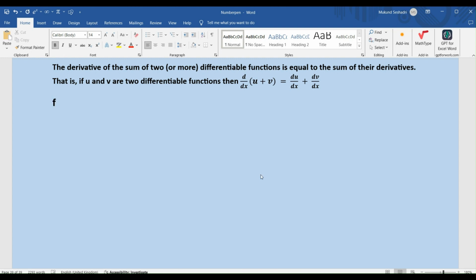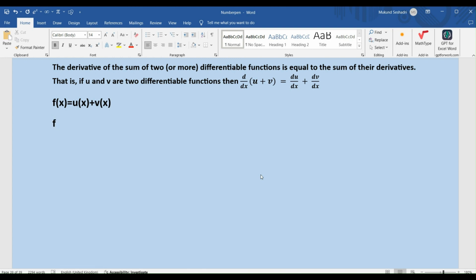So let's assume my f of x, right, is equal to u of x plus v of x, right? That's the assumption here. Remember, u and v are again functions which are differentiable and they're dependent on the independent variable x, right?